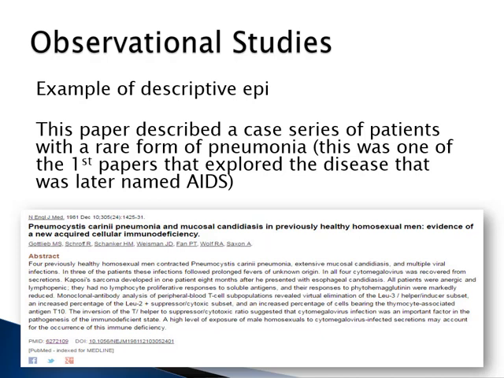And in this case series, what the physician team here is describing is a disease that was happening in a cohort of individuals. This was one of the earliest papers that explored the disease that was later named AIDS.